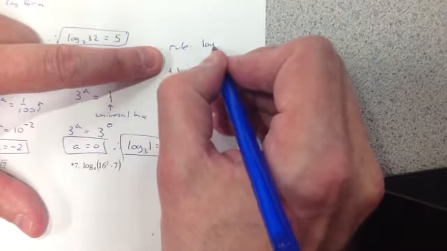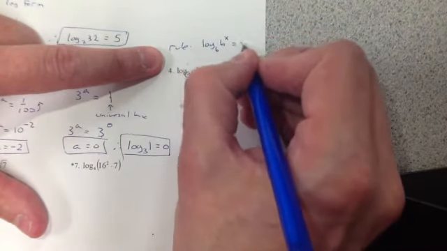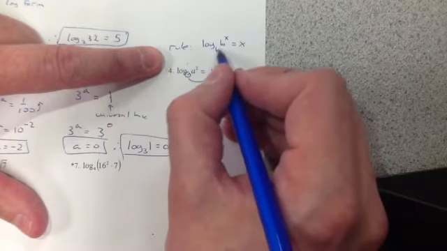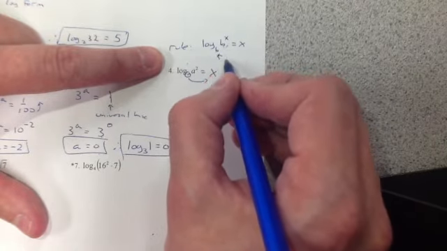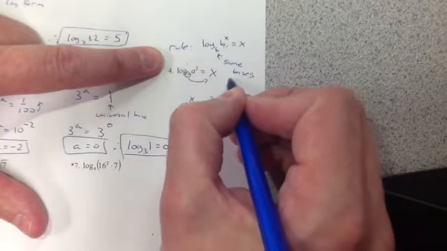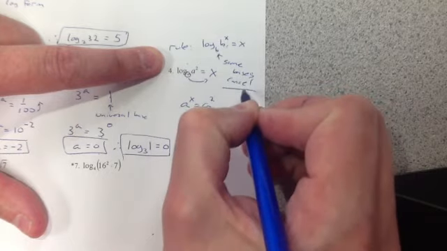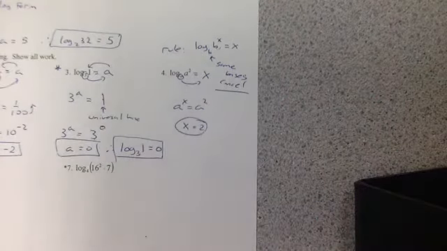The log base b of b to the x is just x. If they have the same bases, they cancel. And that's our rule. The same bases cancel. And when we come to solving equations, that's going to become important for us later on, especially when we do exponential equations.